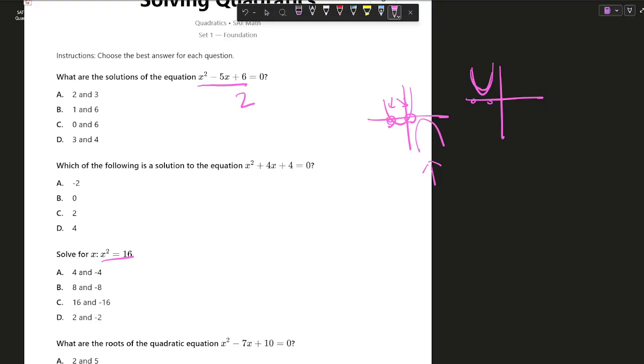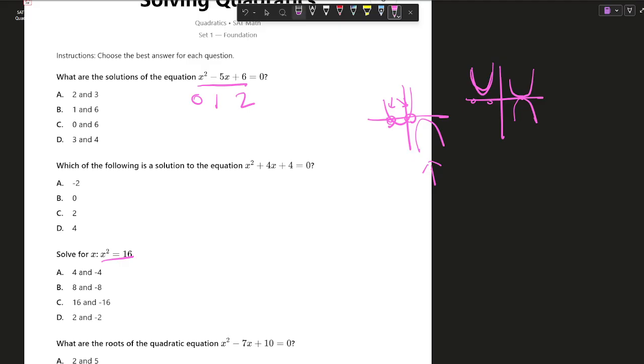It goes back up. But it could also have 1 solution. It could look something like this. It could be upside down too, right? It only touches it 1 time. So that's 0 solution, 1 solution, or 2 solutions, right?